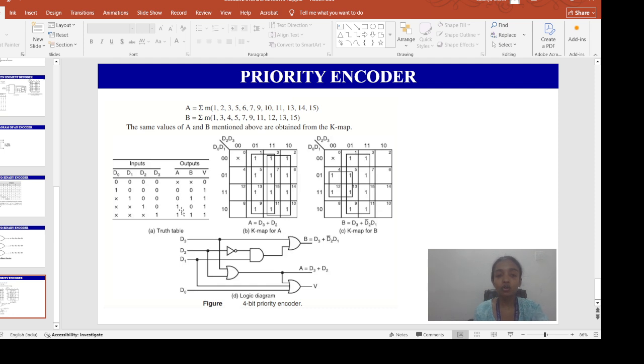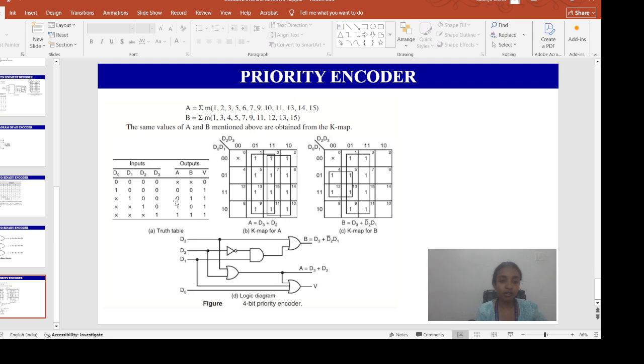Okay, so if we observe this truth table, what are we getting? With 4 inputs, D0, D1, D2 and D3, this is a priority encoder and these are my 2 outputs. When all the inputs are 0 and V is 0, A and B are simply in don't care condition.